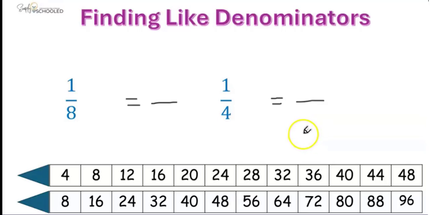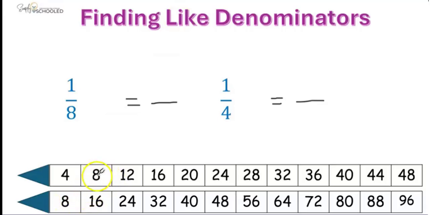So down here, you can see these are my multiplication strips, and you can make these or you can take a multiplication chart and just cut it up. I'll show you that in a minute. My denominators are 8 and 4, so I have the multiple strips for 4 and 8. They're just like skip counting by 4, skip counting by 8. That's what multiples are.